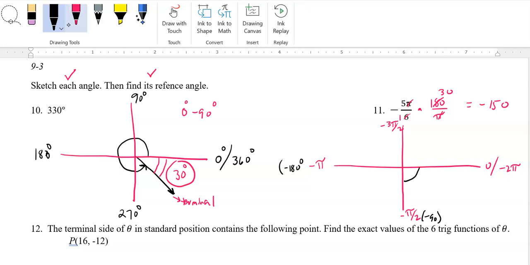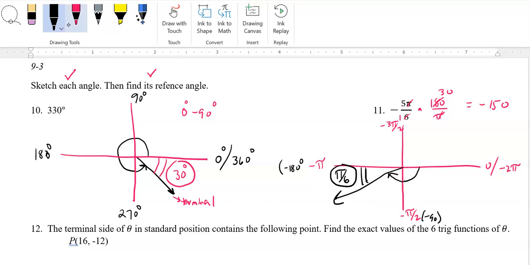Negative 90 plus another 60. And now the reference angle is right here. Make it in radians, but if you think about it in degrees, it would be 30 degrees. So what is 30 degrees in radians? That would be pi over 6.